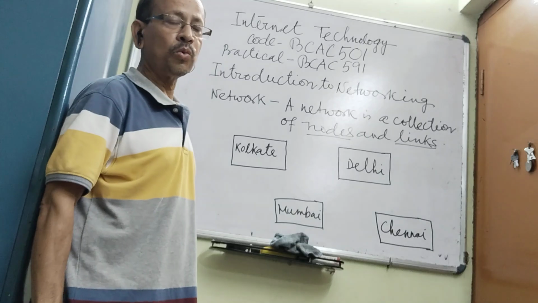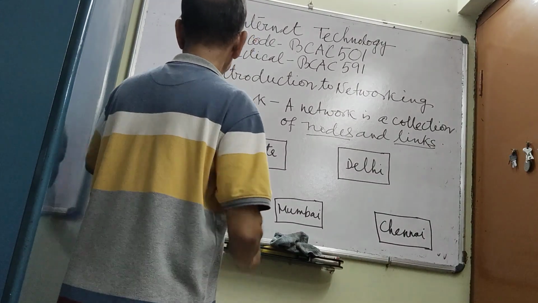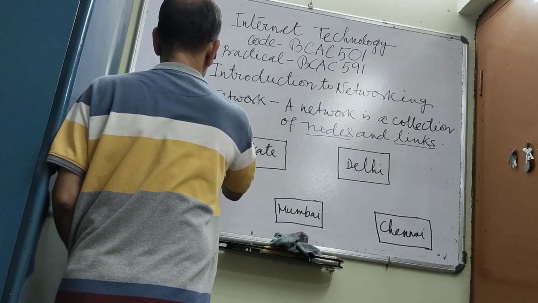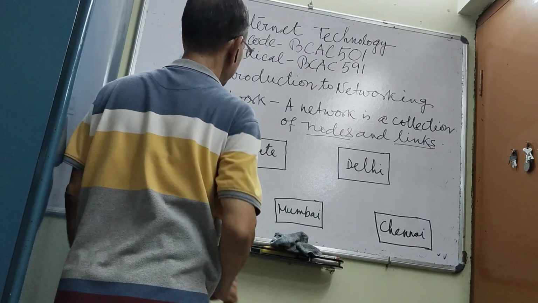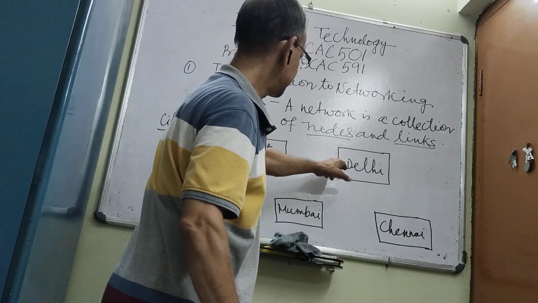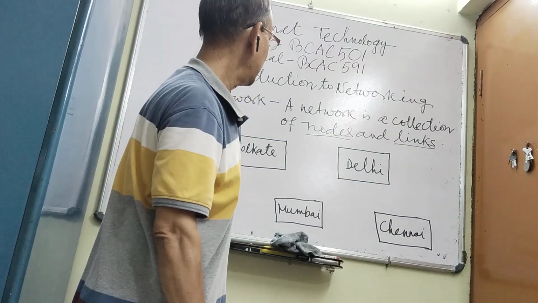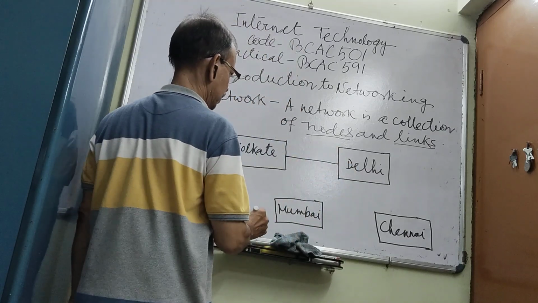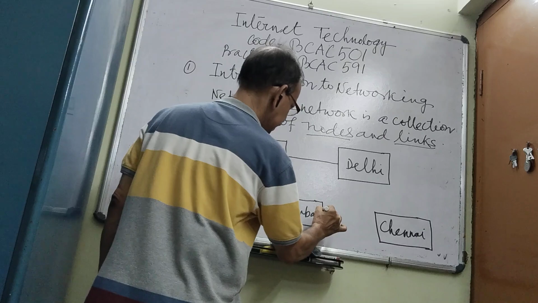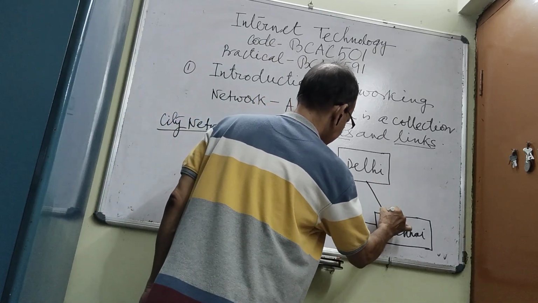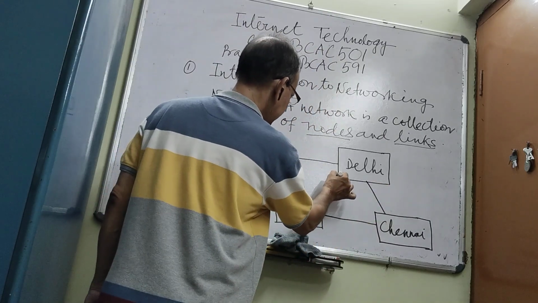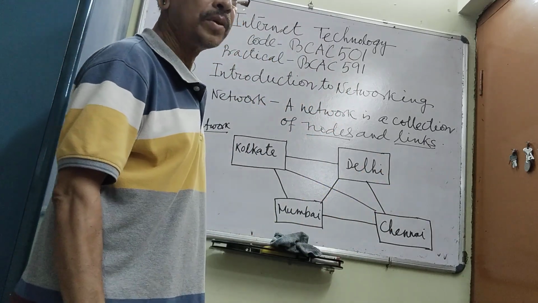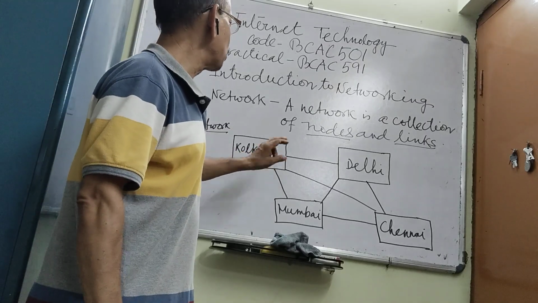Now if I want to create a city network, these cities are known as the nodes, and links are the connections. This is the link, this is the link, and this is the link.